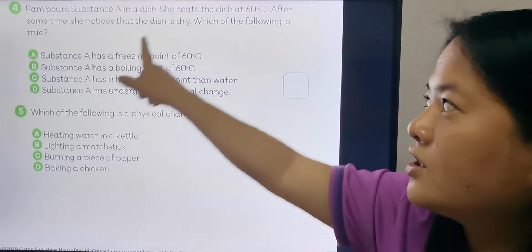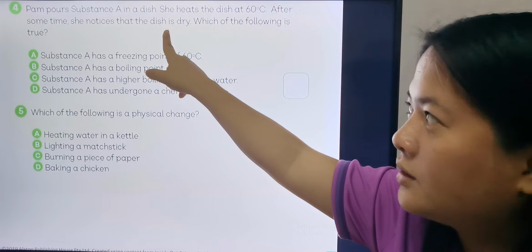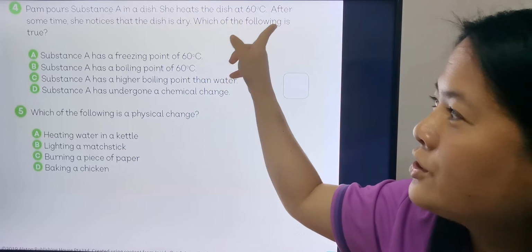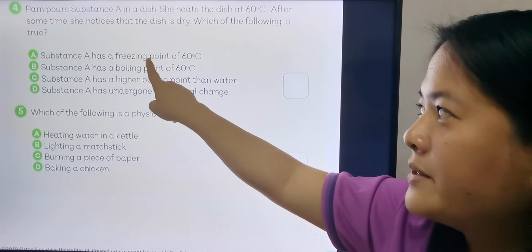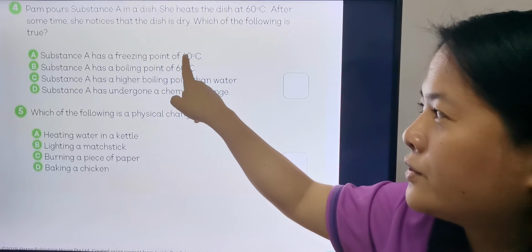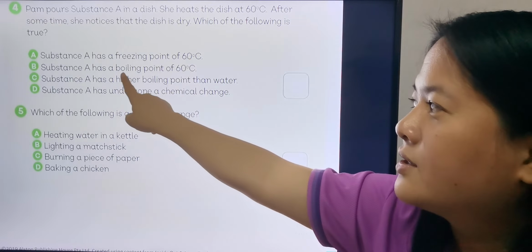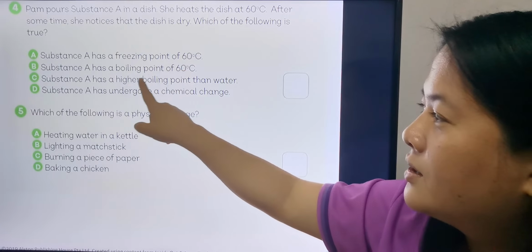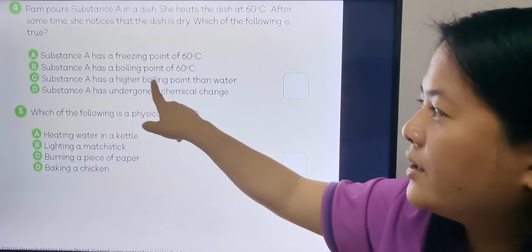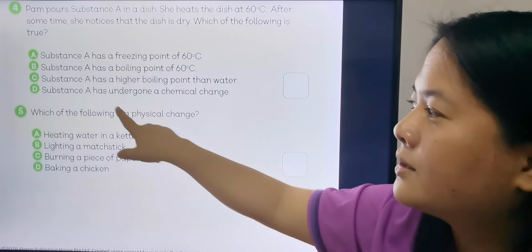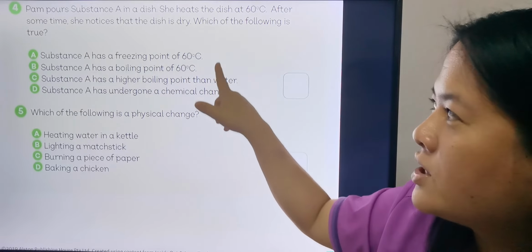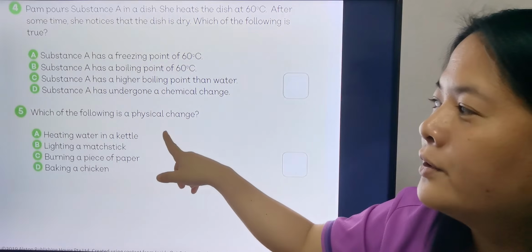And then the dish becomes dry, okay? Which is correct? Substance A has a freezing point of 60 degrees Celsius. Substance A has a boiling point of 60 degrees Celsius. Substance A has a higher boiling point than water, and substance A has undergone a chemical change. So which is true?